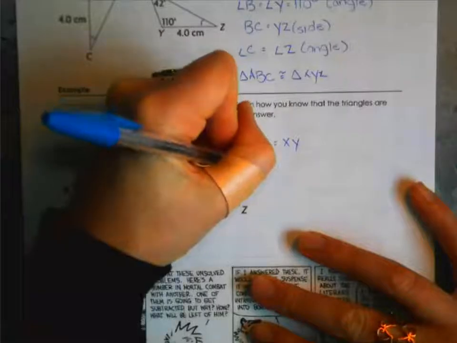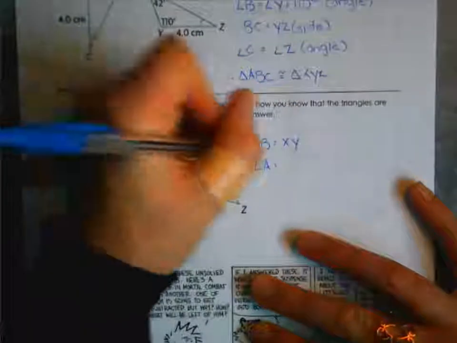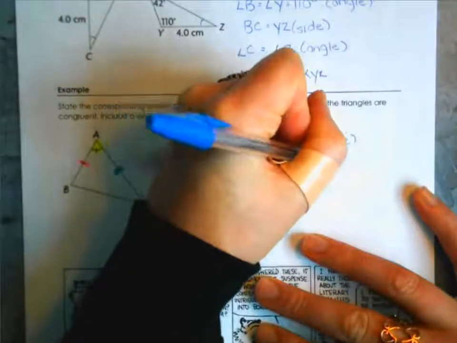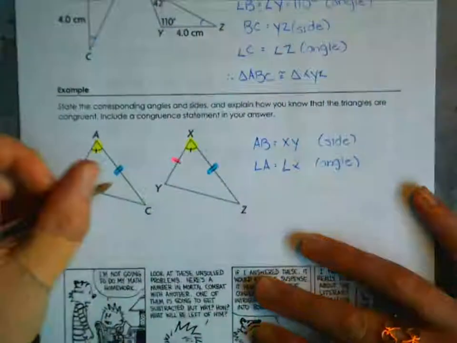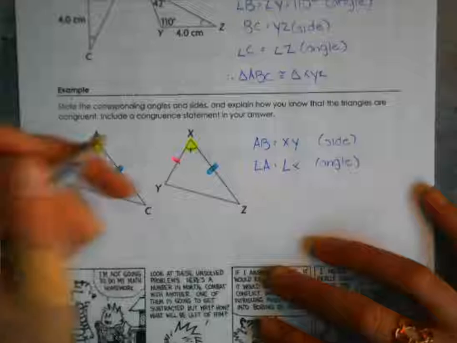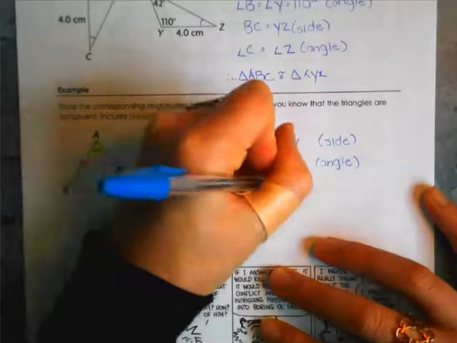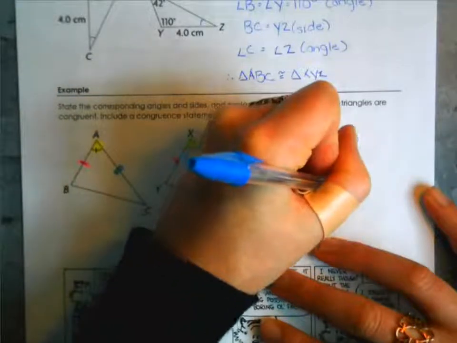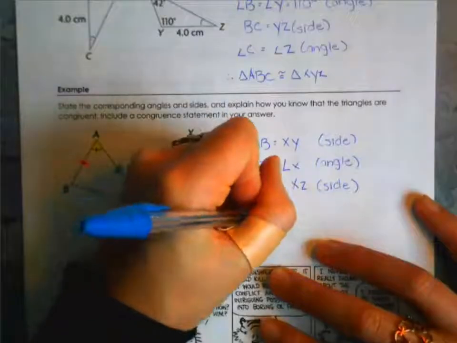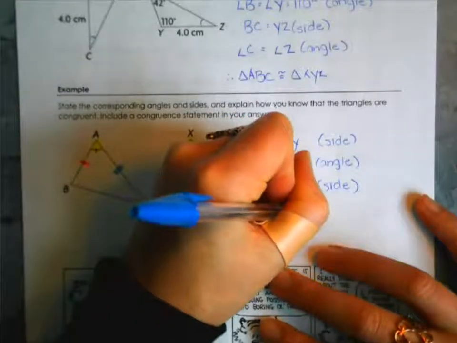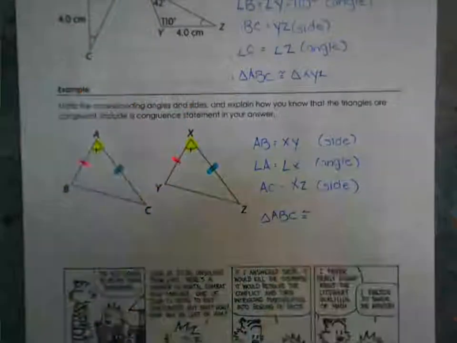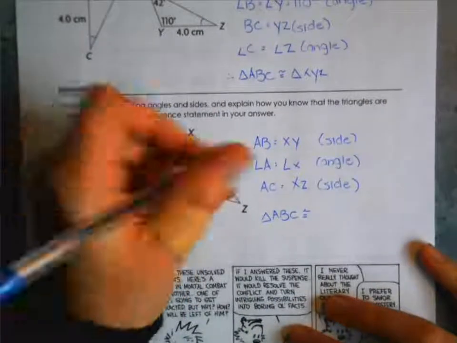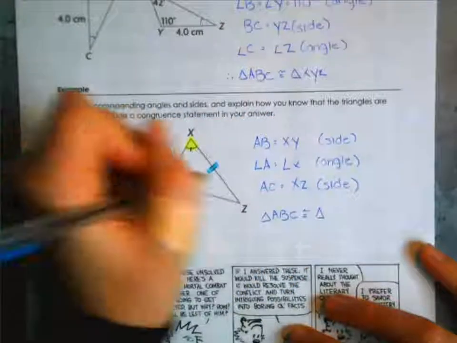And then angle A is equal to angle X. So this is side, angle, and then lastly our last side is going to be side AC is equal to side XZ. And so again, we can say triangle ABC is congruent to, sorry guys, my mic just cut out there, triangle XYZ.